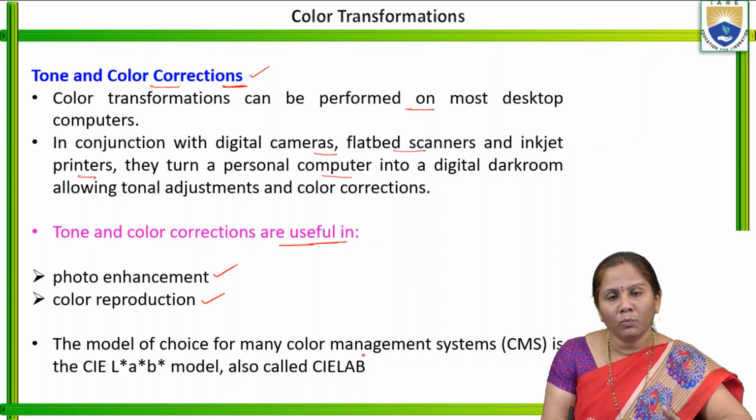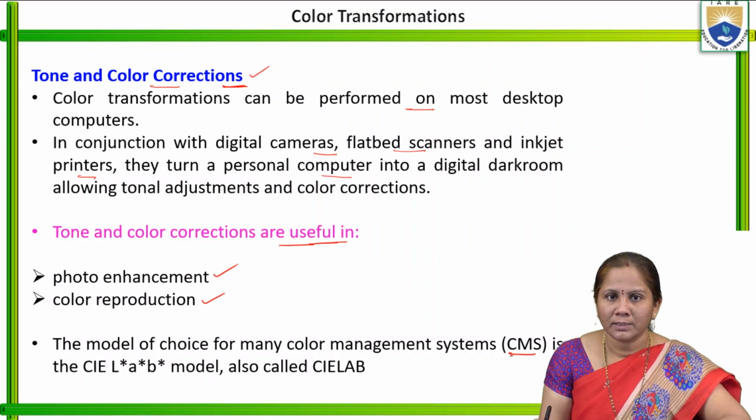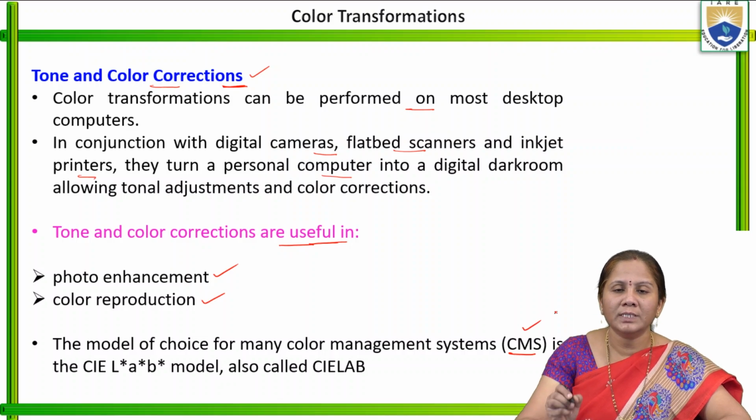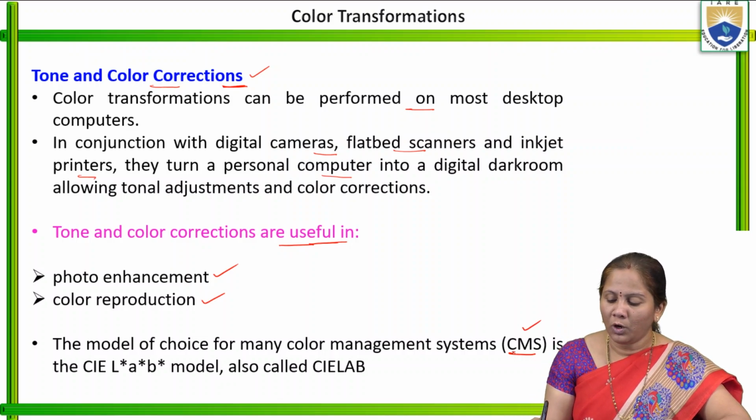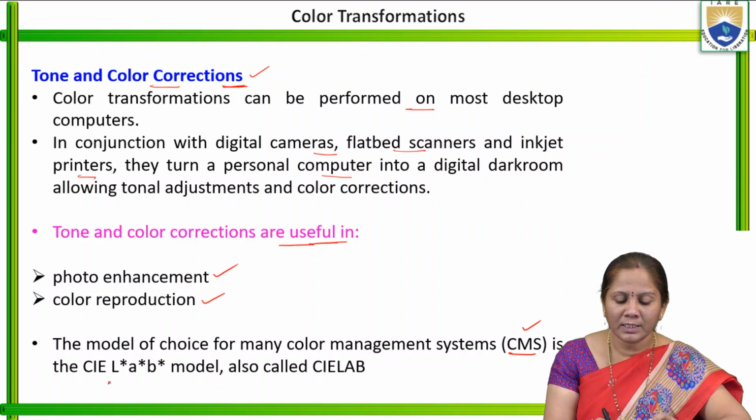The model we are going to use for this color management, for this color correction, is CMS. What CMS stands for is color management system, or it can be represented as CIELAB.